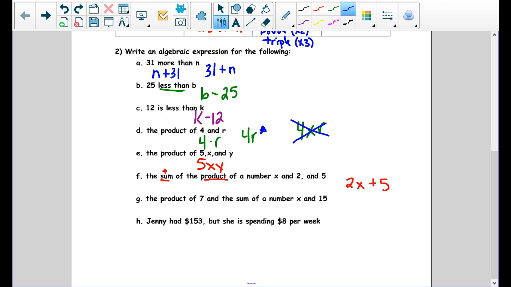Well, sum of what? x and 15. I need that answer before I multiply it by 7. So 7 times, and then parentheses, x plus 15, because of order of operations. I have to get this answer to be able to multiply it with that 7.